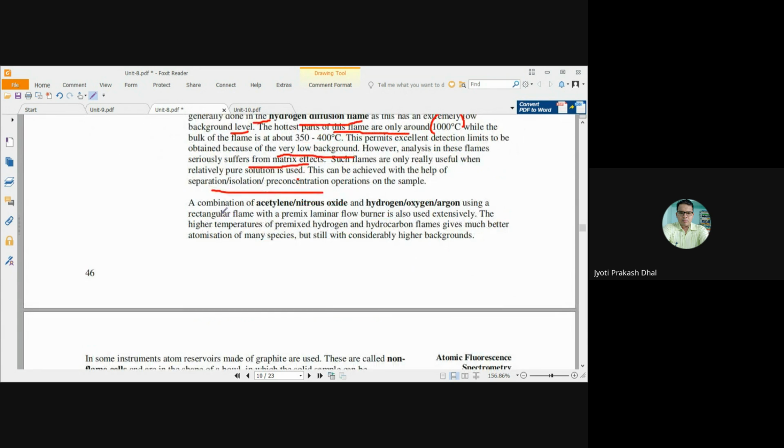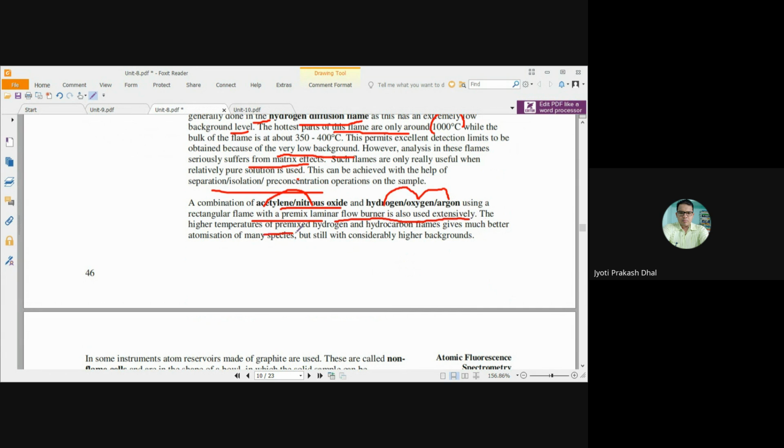Now coming to the combination of acetylene and nitrous oxide, we have already discussed that acetylene is the fuel and nitrous oxide is the oxidizer. And hydrogen, oxygen, argon using a rectangular flame with a premix laminar flow burner is also used extensively.